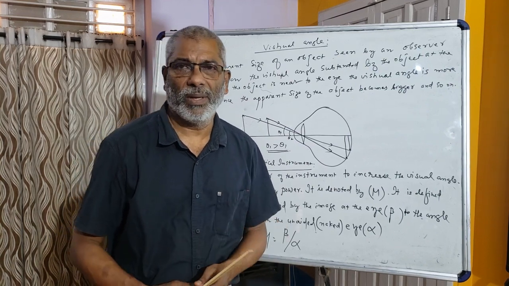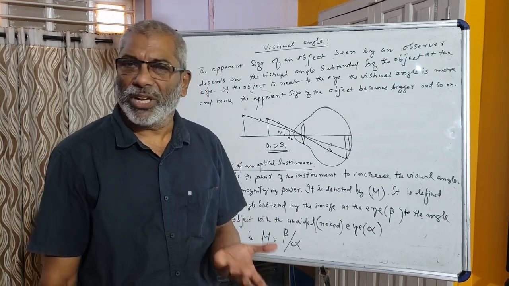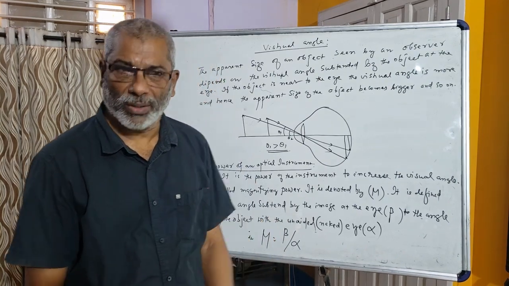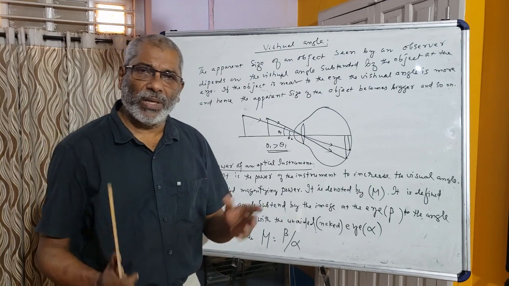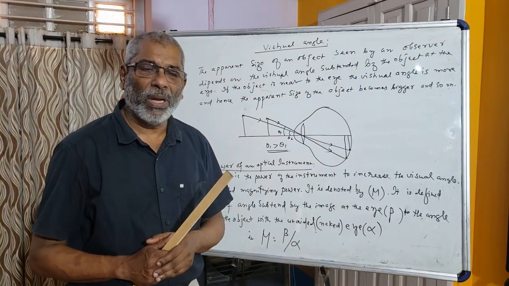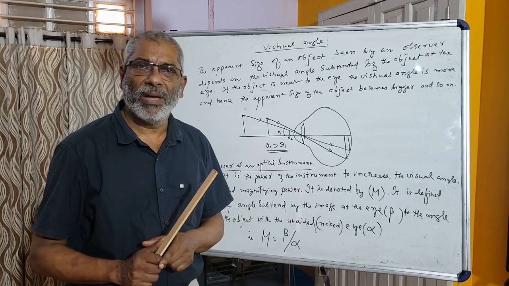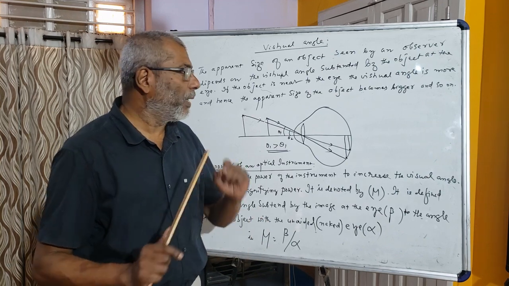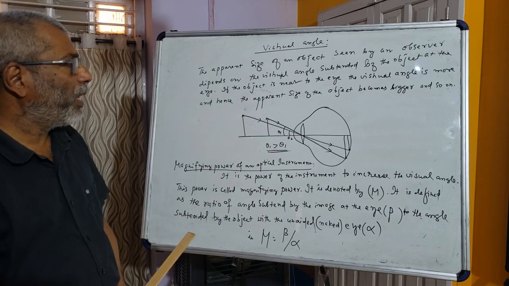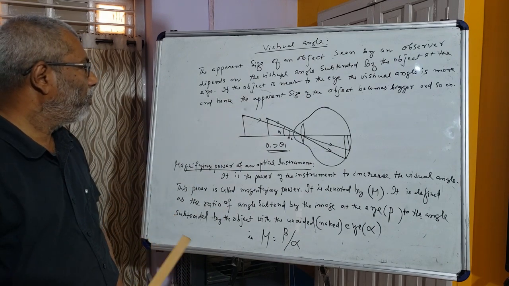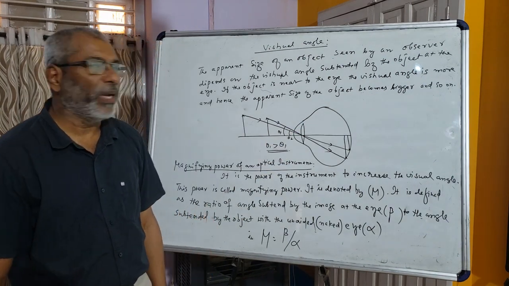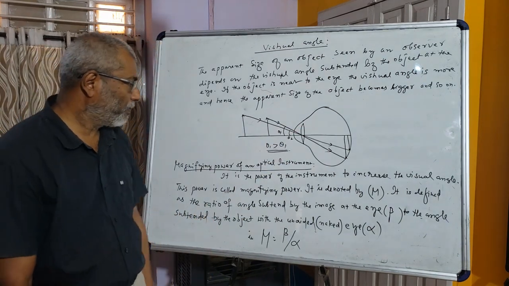Though the size is not changing, the apparent size of the image is changing, due to the various values of visual angle subtended by the object at the eye. If the object is nearer to the eye, the visual angle is more, and hence the apparent size of the object becomes bigger, and so on.